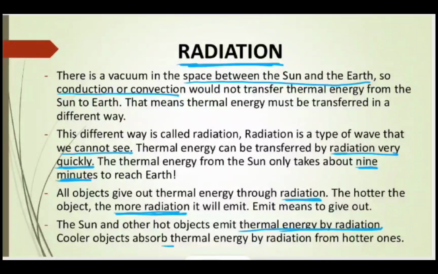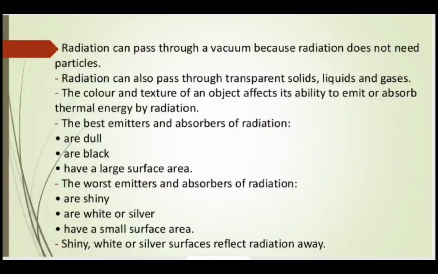Cooler objects absorb thermal energy by radiation from hotter ones. Okay, now radiation can pass through a vacuum because radiation does not need particles. Radiation can also pass through transparent solids, liquids, and gases. Yes, we get the sun's heat inside, even though our windows are closed, because our windows normally are transparent.